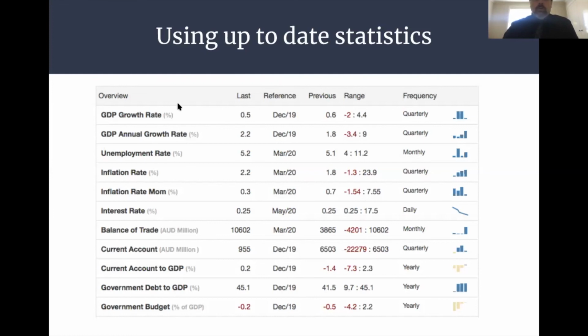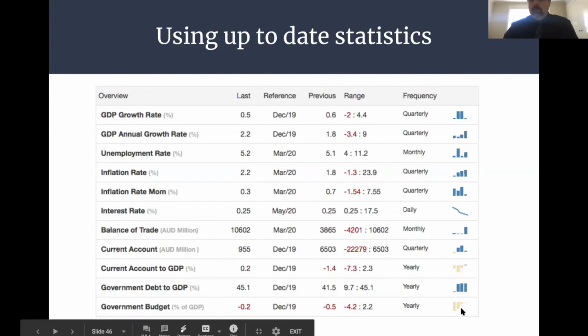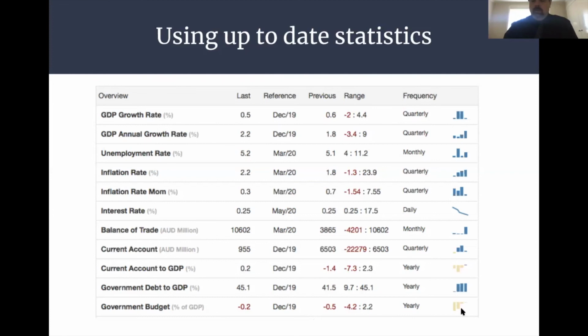The reason I like this overview from Trading Economics is that it gives you the previous figures and ranges, and little diagrams. So if you're a visual learner, you can automatically see what's happening over time, whether it's economic growth, or the government budget, obviously with deficit budgets, and they will continue with COVID-19.